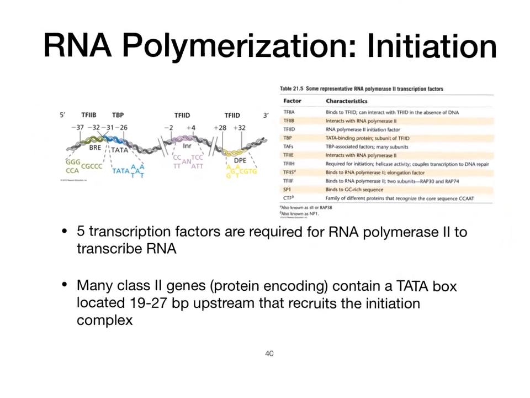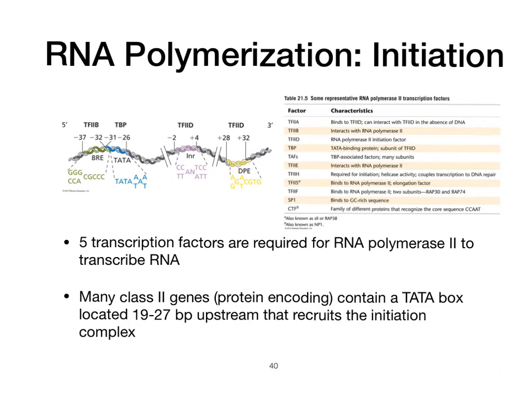So initiation is not the most complex of this component, but it is quite complex when we think about how this works. And so in this case, we have 4 different binding areas. We have a TATA box, which is upstream. We then have the TFIID.